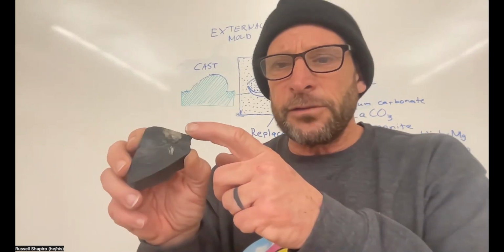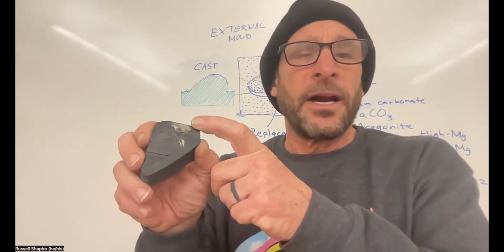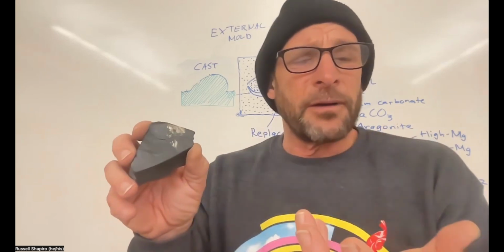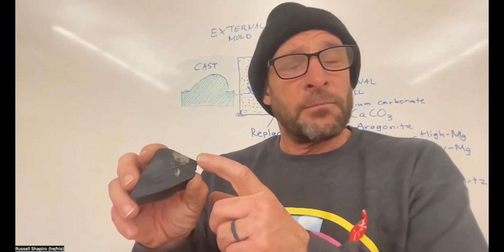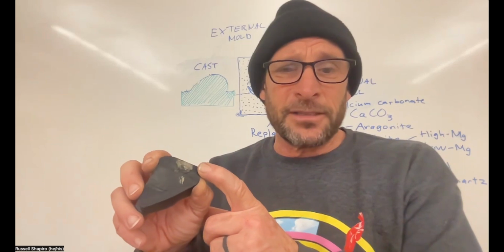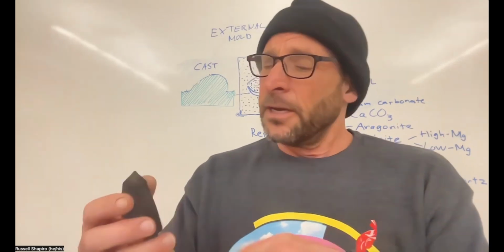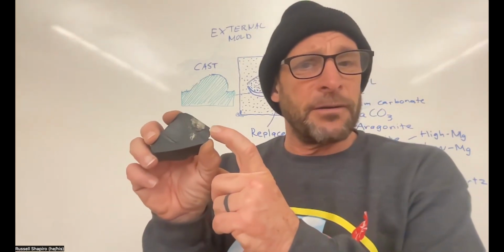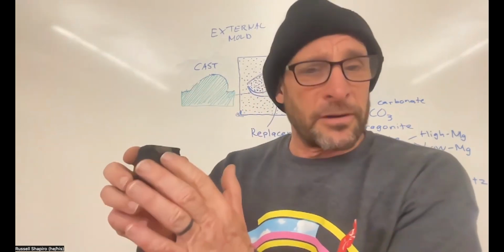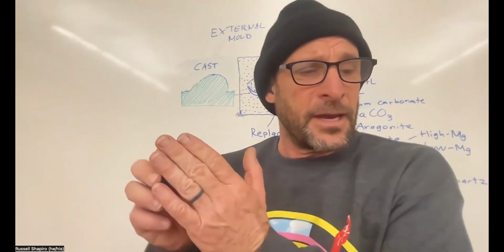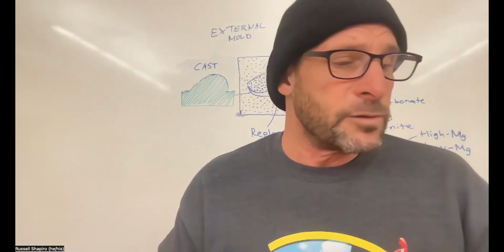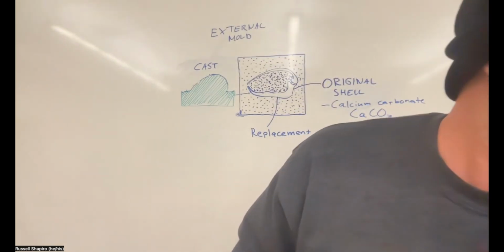Here we see an original fossil has been replaced with iron sulfur, pyrite. And pyrite is an interesting mineral because it doesn't like to be oxidized. It rusts really quick. And so if we're finding a fossil replaced with pyrite, we know that at least this part of the fossilization process happened under reducing conditions.